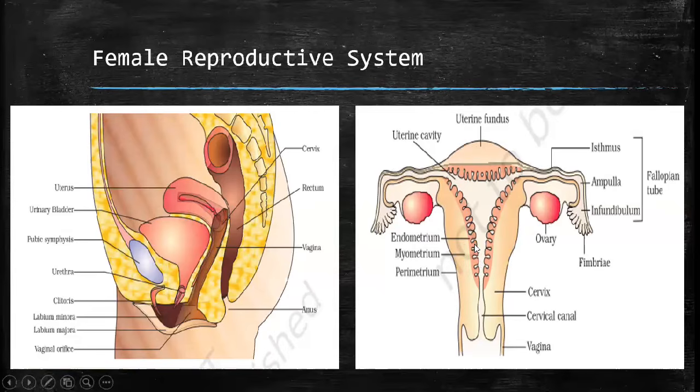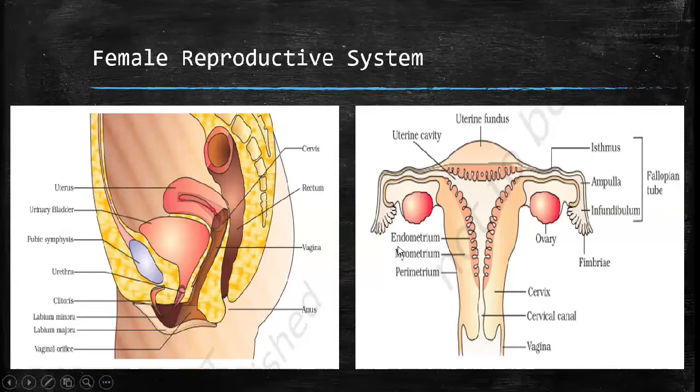And then here we've got the lining. You need to know these linings. They are very important. The innermost part is the endometrium. The medial part is what we call the myometrium. And then the external part is what we call the perimetrium. Now, in science, endo means inside, so this is the inner part.